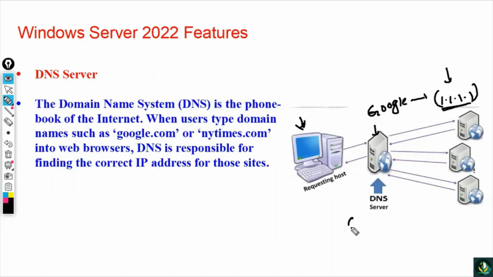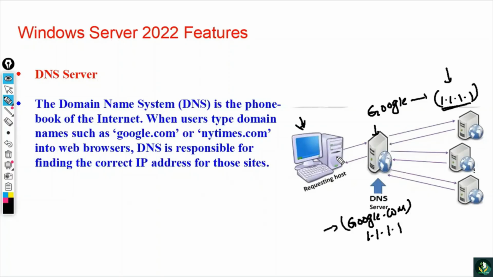Okay, DNS server will map google.com with 1.1.1.1. Now you want to access this Google website using the URL, using the name. So you will open the web browser and you will type google.com.